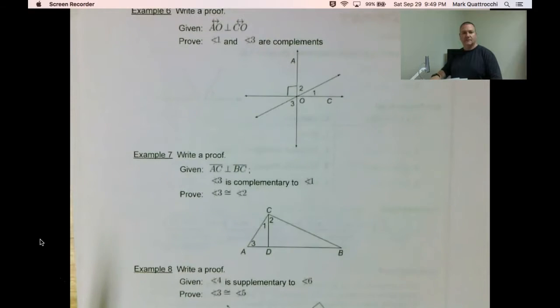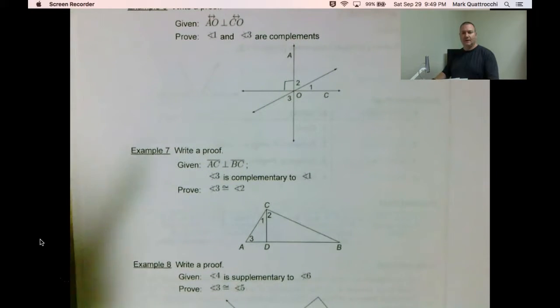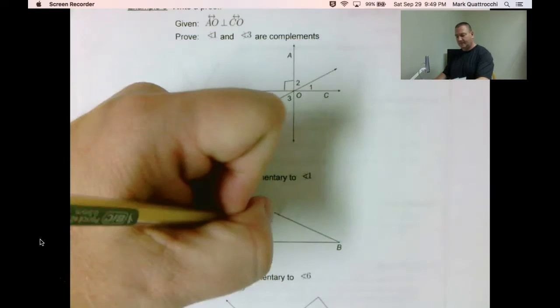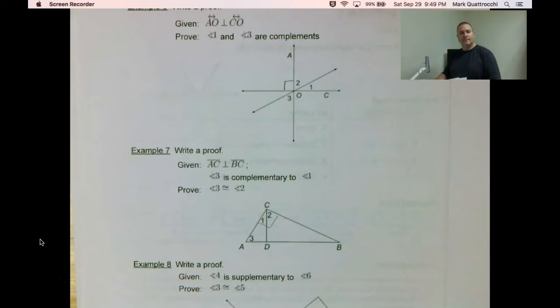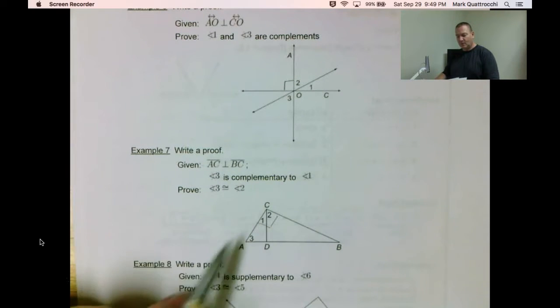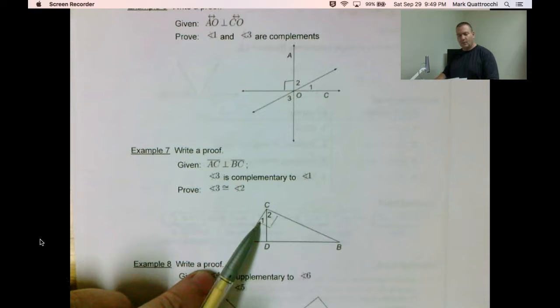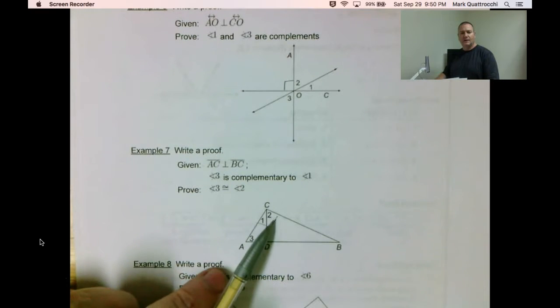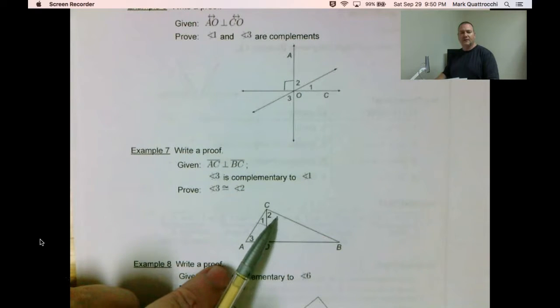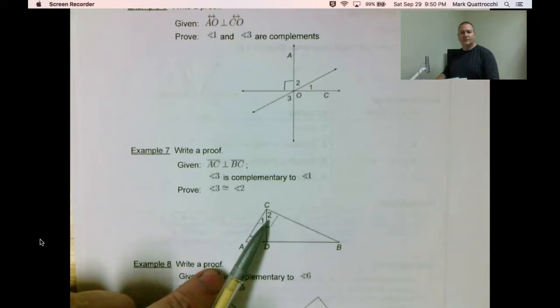Alright. Proof 7. AC is perpendicular to BC. Angle 3 is a complement to angle 1. Angle 3 and angle 1 have to add up to 90 degrees. What about angles 1 and 2? Angles 1 and 2 have to add up to 90 degrees because of this right angle here. Angle 2 plus angle 1 equals 90.